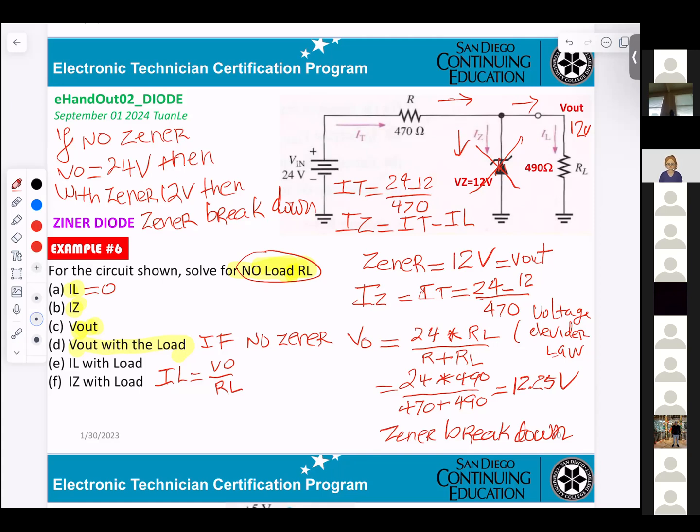If it's on, to solve the problem you substitute the diode with a battery of value 0.7 volt. If you say the diode will be off, you substitute it in the circuitry as open. Then you can solve from that.